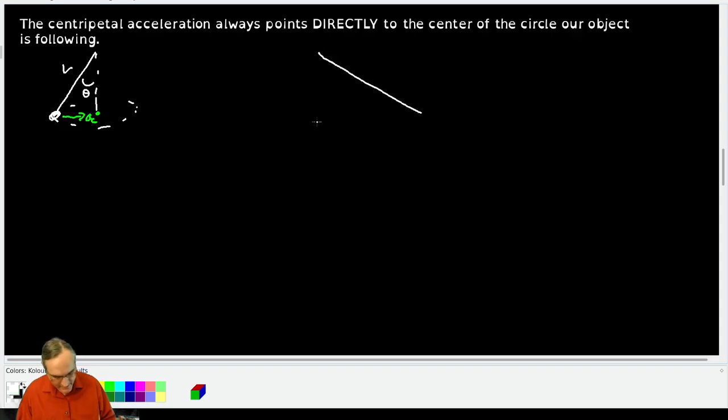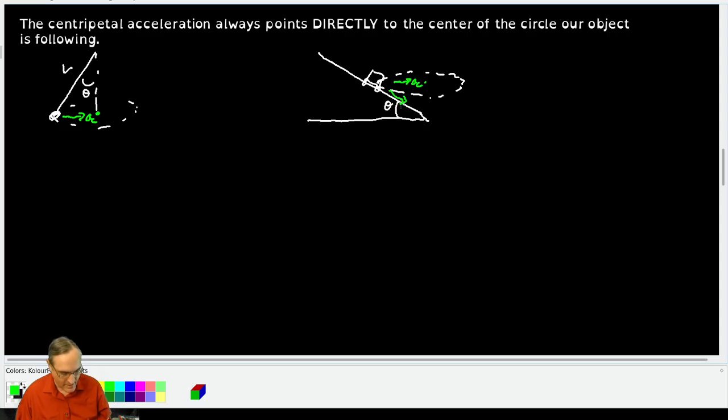The other case that gets confusing is if you have something following a circular trajectory while on an inclined plane. So imagine you have a banked curve like you get at NASCAR tracks. When you're following that, you have a circle that you will trace out as you are going around that inclined plane. And the centripetal acceleration must point directly towards the center of that circle.